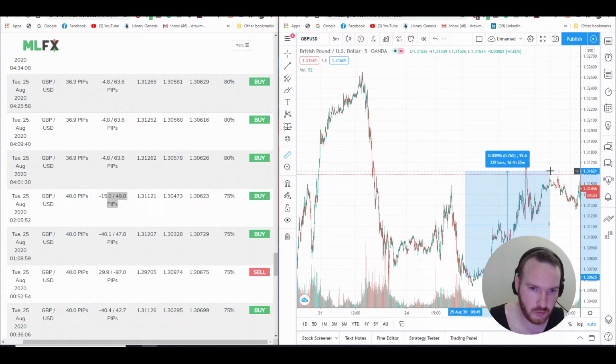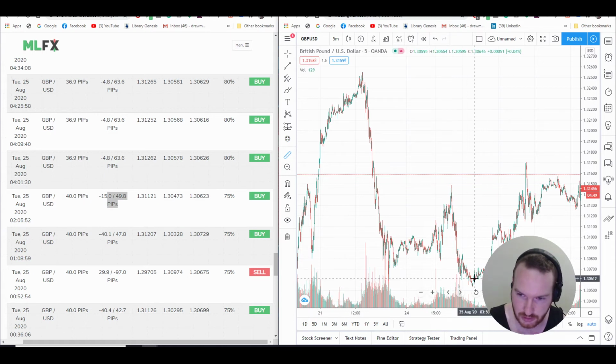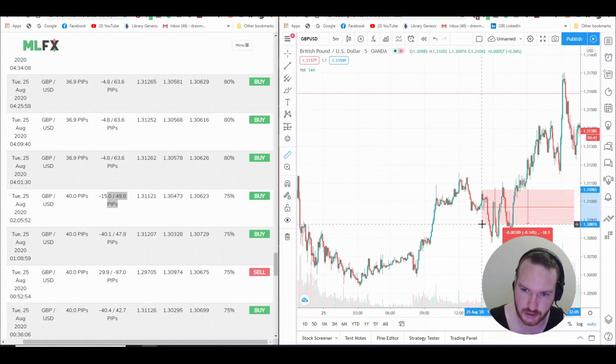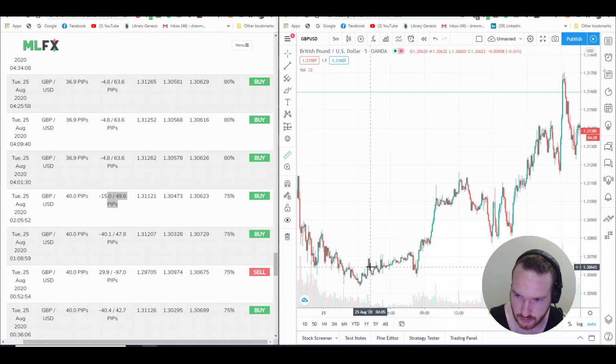The next one would be a magical win if we got it, which we might have actually, at about 401. So we zoom in here just to make sure we're actually getting this accurate. So there's the height of the move there, and we were looking at about 401. So somewhere around here, 626.